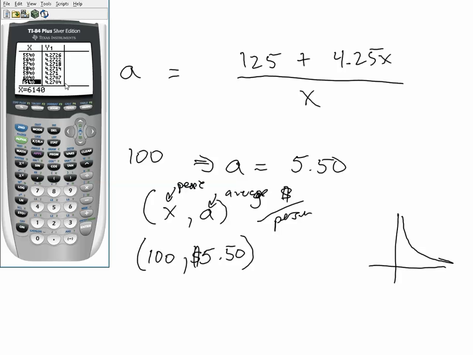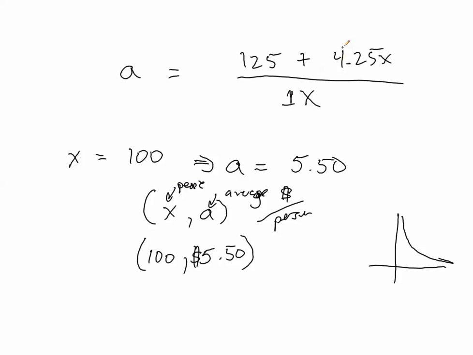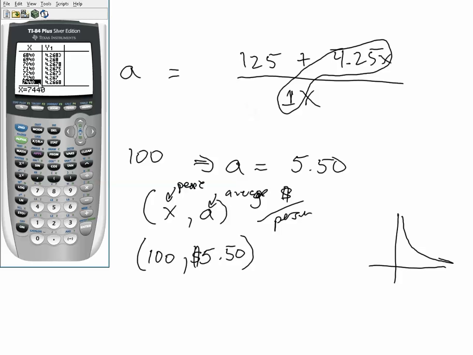Now, in a previous video, we mentioned that there seems to be a correlation between the coefficient of x, which is 4.25, and the 1x down here. In fact, 4.25 divided by 1 is equal to $4.25. So let me graph this.